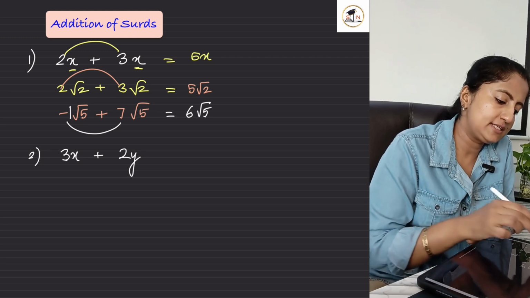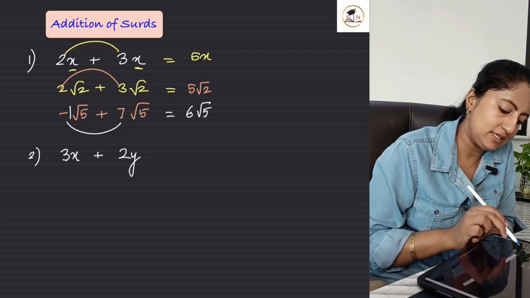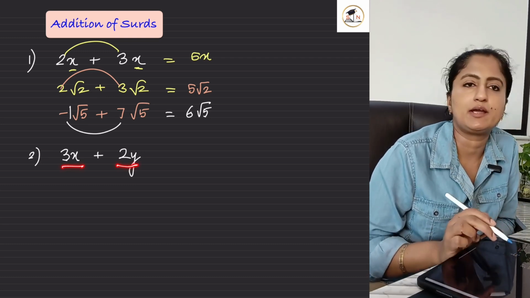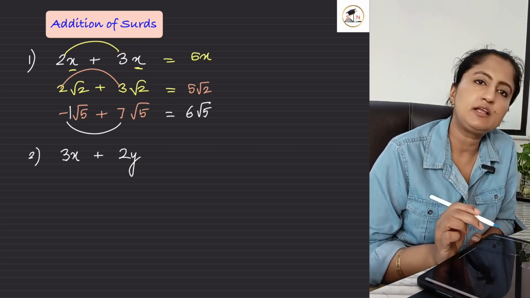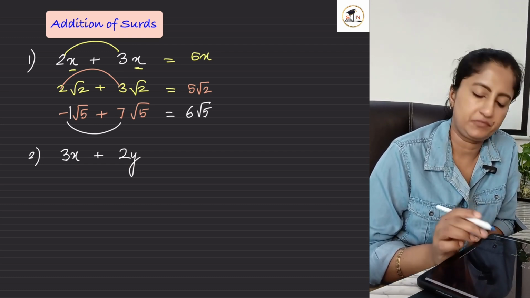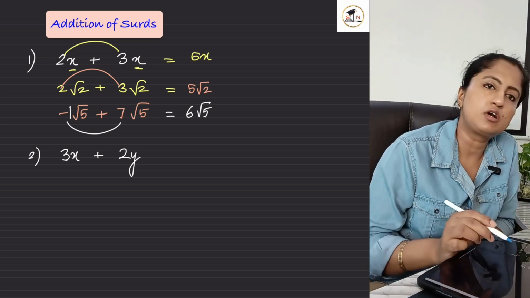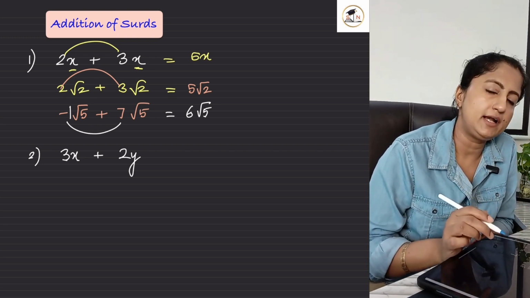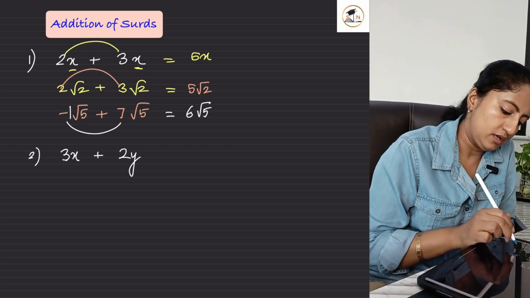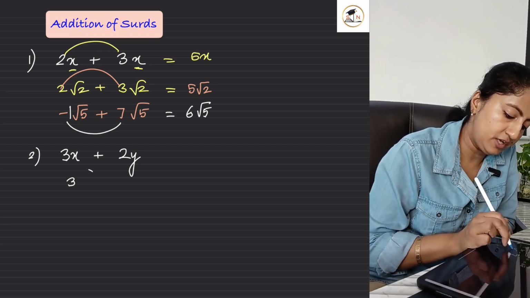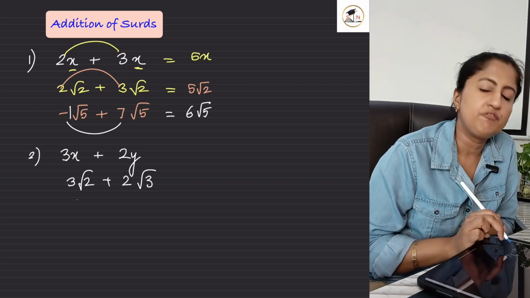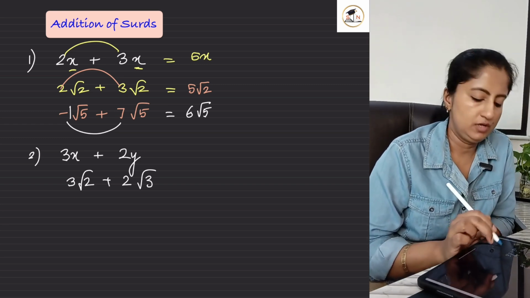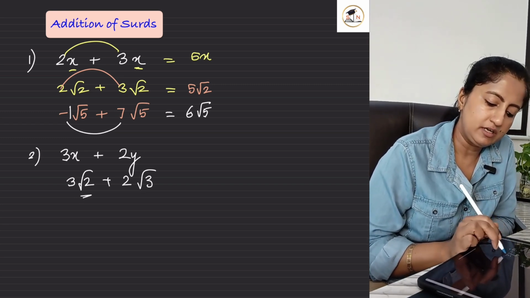Okay, now the next example on the screen, you can see we have 3x plus 2y. In variables, we know that we cannot add different, that is unlike, variables, right? Similarly, when we talk about surds, we cannot add different surds. For example, if I write 3 root 2 plus 2 root 3, we can't add them anyhow because the roots are different.